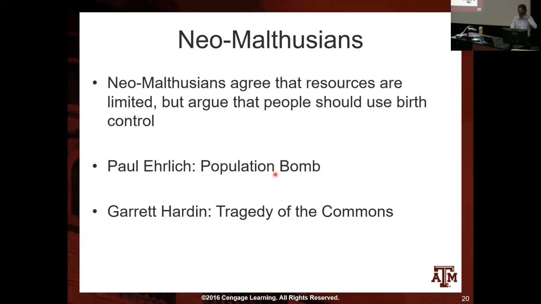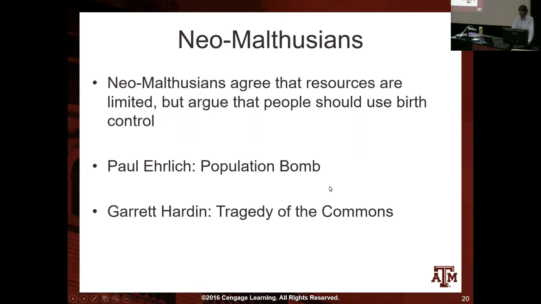Paul Ehrlich, in the main book that he wrote, The Population Bomb, argues that we should control population, and he comes more from a biological background. He says that human beings are acting the same way as other animals, without any control of the size of the population. Then Garrett Hardin, Tragedy of the Commons.